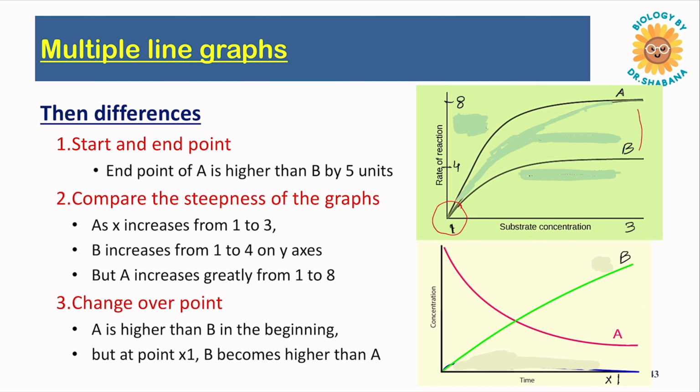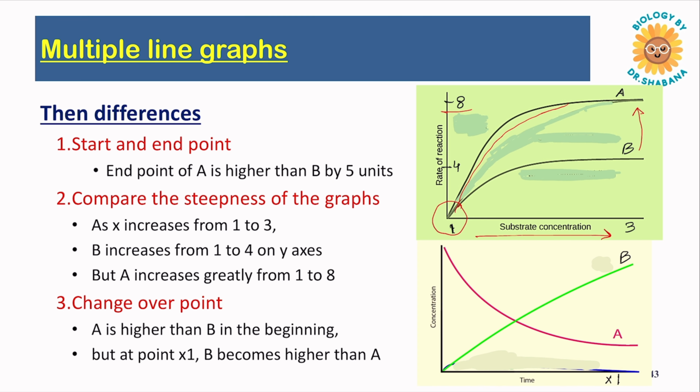A is higher than B. If you have some numbers given here, then you can mention them. So you can say it ended like this. Now compare the steepness of the graph as x increases from 1 to 3. Then you can see B increases from 1 to 4, whereas y increases greatly all the way up to the number 8.